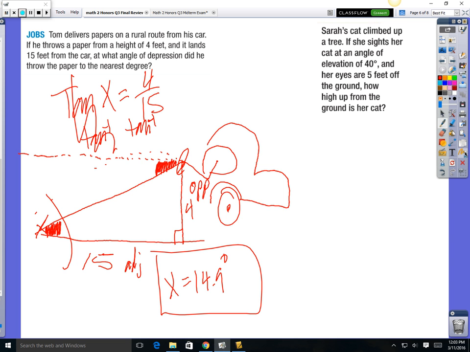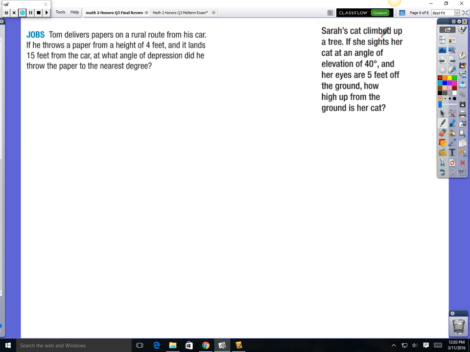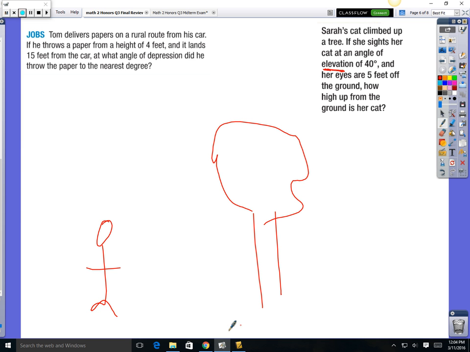Okay, next one. Sarah's cat climbed up a tree. She sights her cat at an angle of elevation, so that's going up, 40 degrees, and her eyes are 5 feet off the ground. Okay, so here we go. Here's Sarah. There's a tree. And let's see, her cat's somewhere in here in the tree.